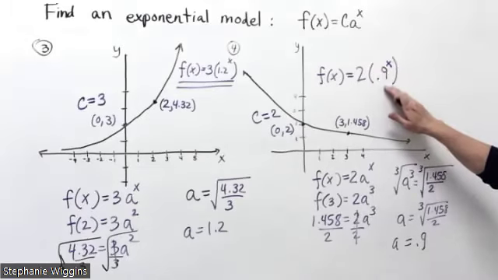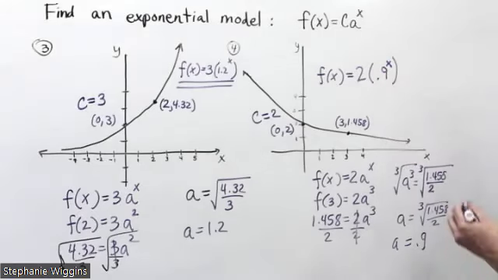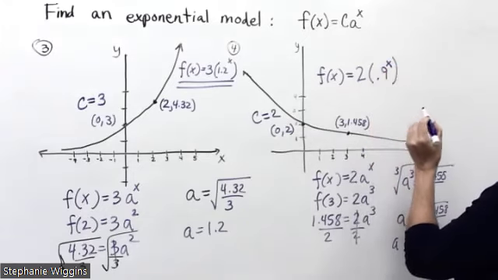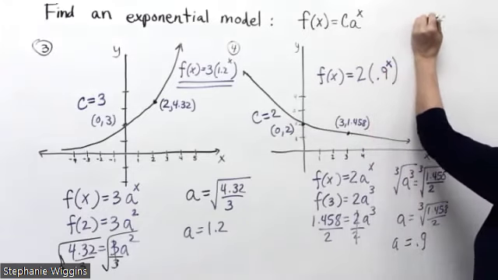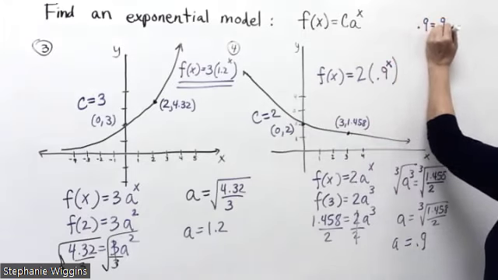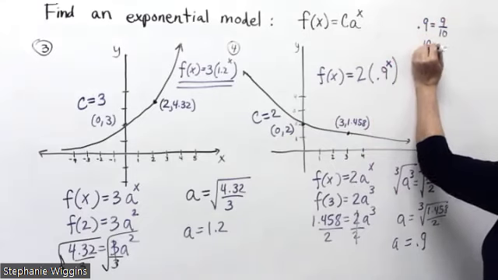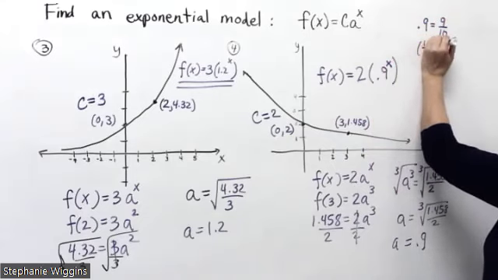And you can write this, okay, 0.9 is just 9/10. So if I wanted to write this with an a value greater than 1, I can just replace, right, because 0.9 is 9/10, and that is just 10/9 to the power of -1.